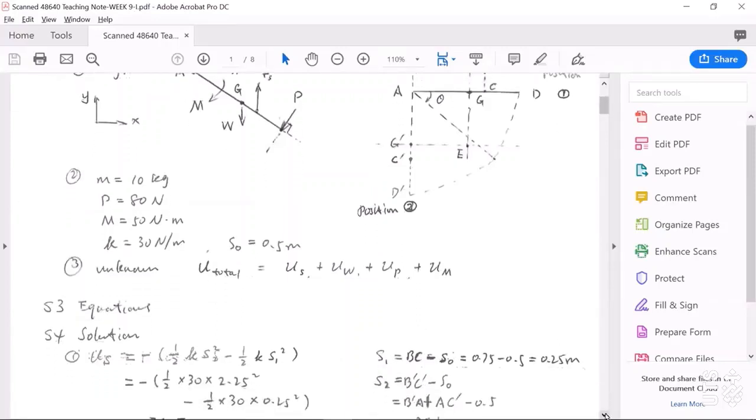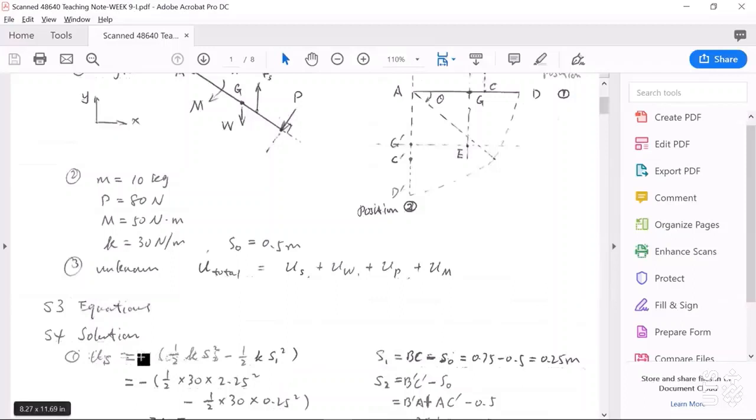Now, solution. So the first one is the work done by the spring force, US. And that's the only available equation for this calculation. And here, using this equation, we normally put S2 before S1.